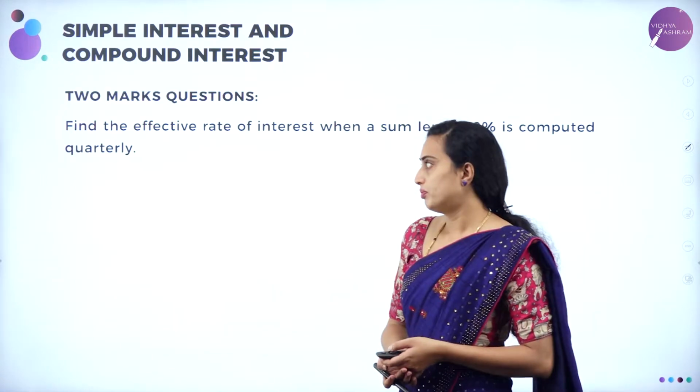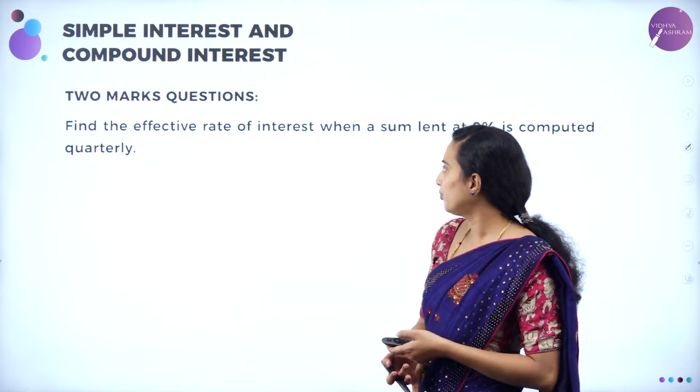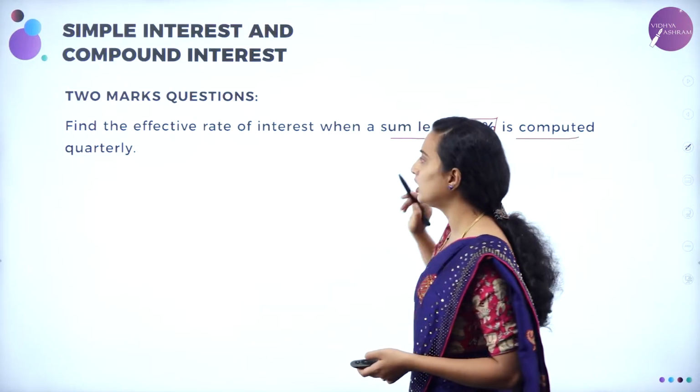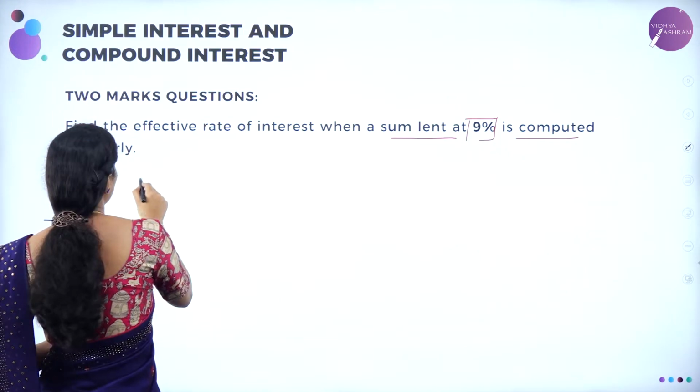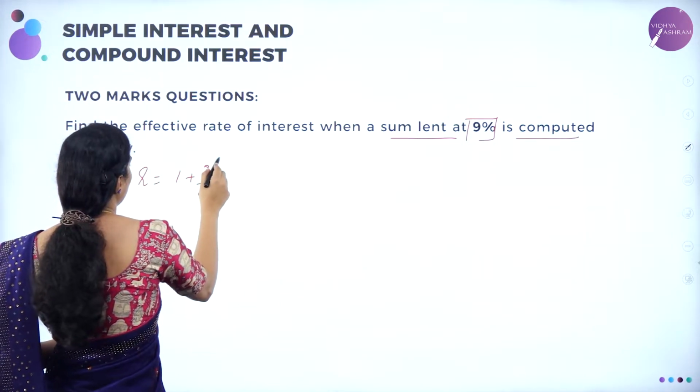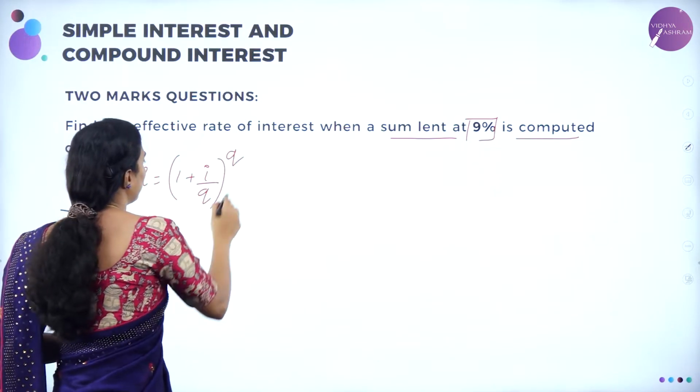This is a 2 marker. Find the effective rate of interest when a sum lent at 9% is computed quarterly. Therefore, r is equal to, we know, (1 plus i divided by Q) to the power of Q, minus 1.